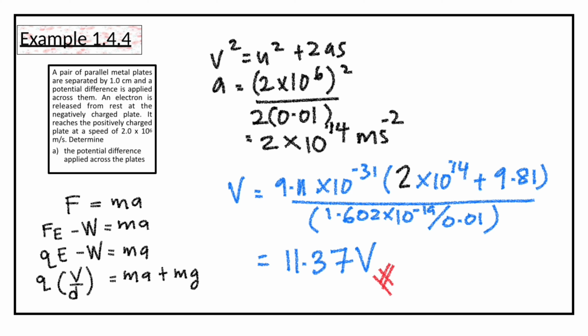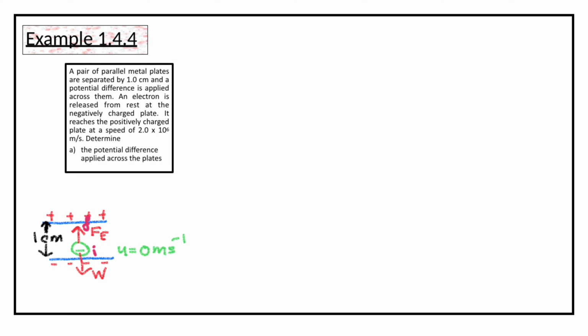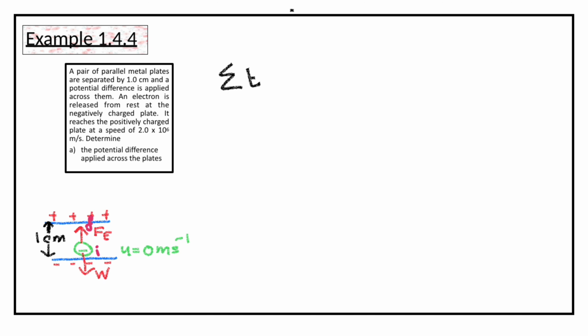Okay, so alright class, other than using this equation, you also can find the potential difference by using the conservation of energy. Summation of E initial equals summation of E final, where at first the initial energy is the potential energy of the electron, and the final energy is the kinetic energy of the electron, since the electron is moving upwards.